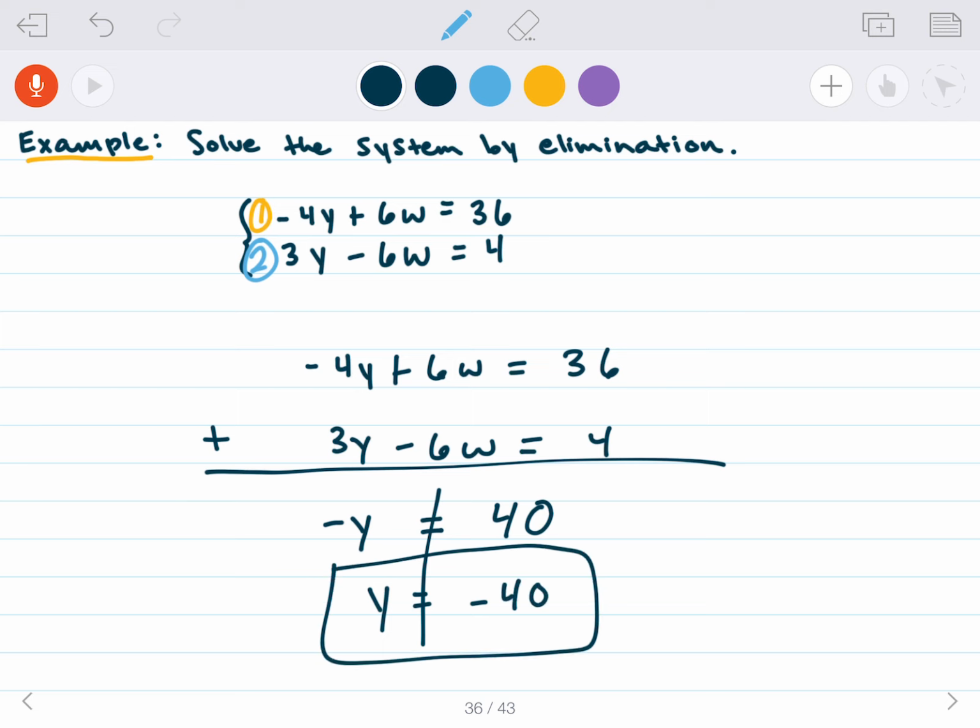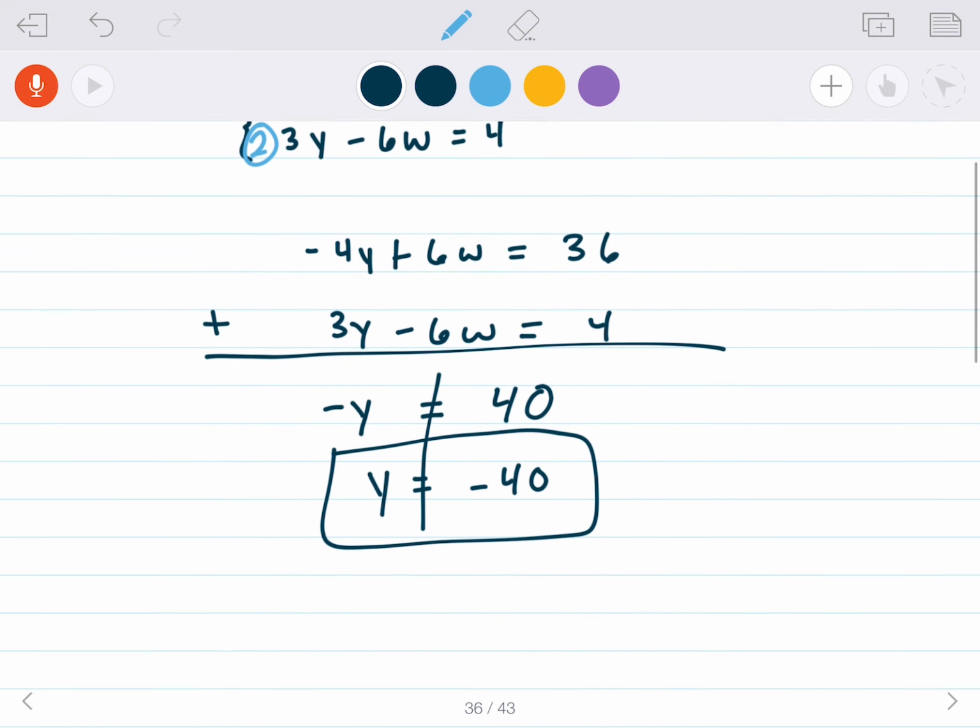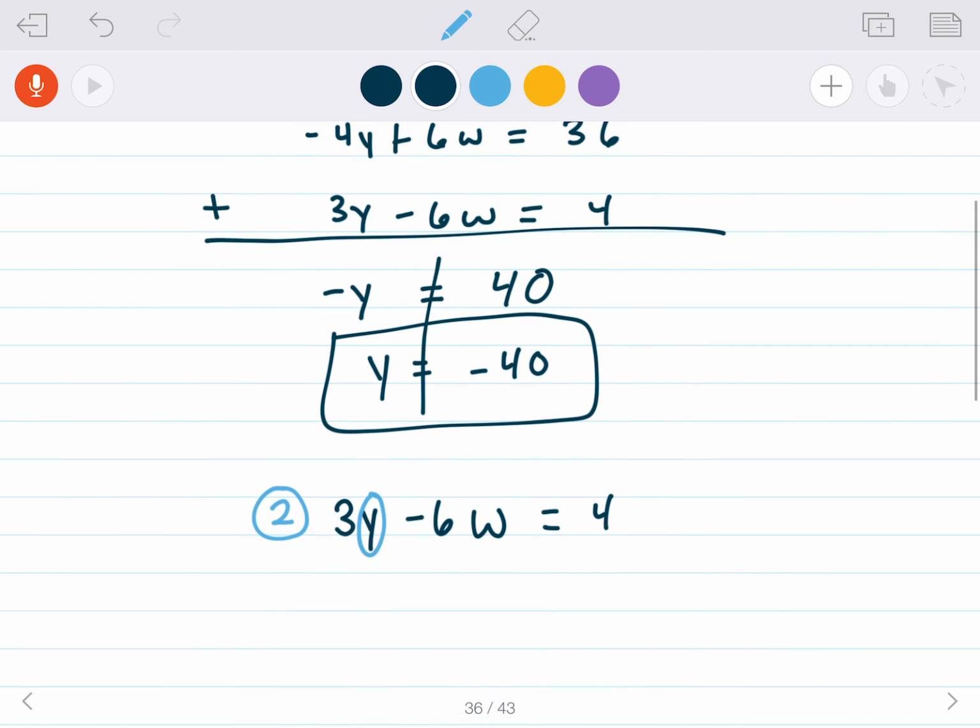Now I can find w by plugging the negative 40 into either equation. I'm going to plug it into the second equation. So our second equation was 3y minus 6w equals 4. And I'm going to plug in negative 40 for y to figure out what w is.